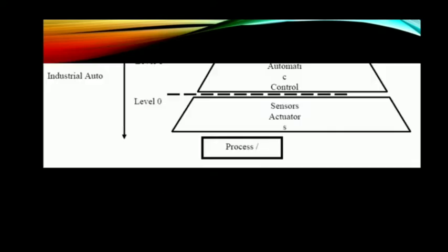Layer 0, sensing and actuation elements. These elements interface directly and physically to the process equipment and machines. The sensing elements translate the physical process signals such as temperature, pressure or displacement to convenient electrical or pneumatic forms of information, which can be used for analysis, decisions and finally, computation of control inputs.